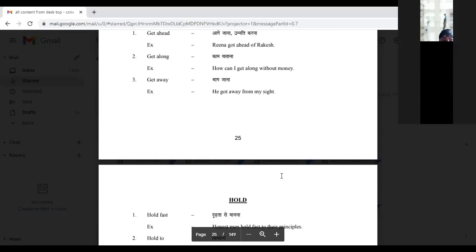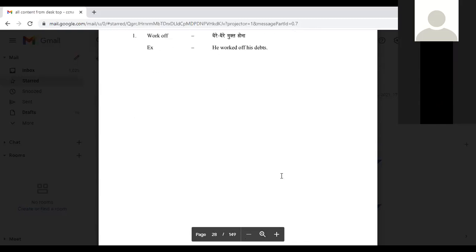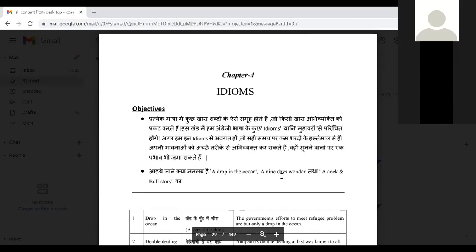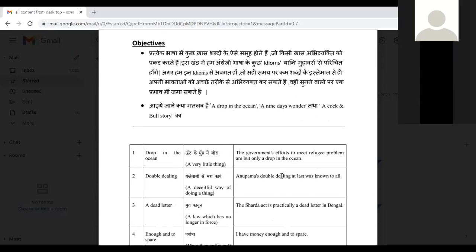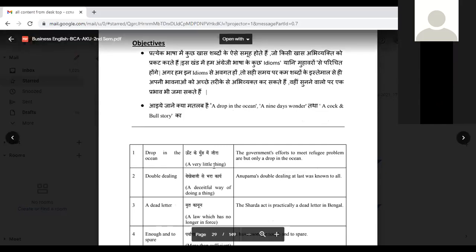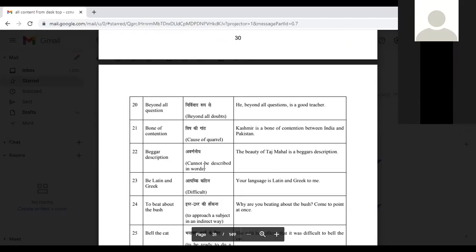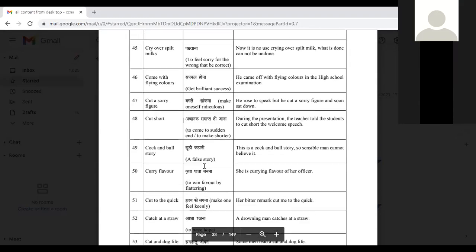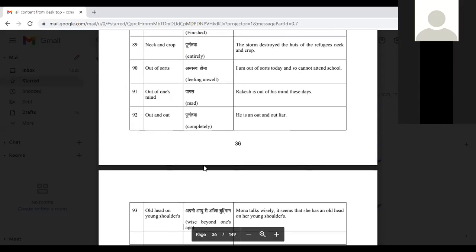Because business English is all about idioms and phrases and expressions. And if you will not do it, nobody can do it for you. Like you see, there are also explanations in Hindi given, so it will not be much of a problem. What you need to do is learn these words. And then we had completed the paraphrasing after this.